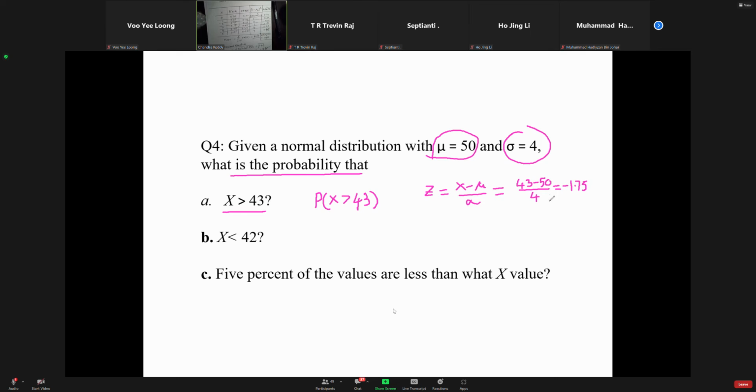So the negative sign is important. That means the probability of X greater than 43 implies the probability of Z greater than minus 1.75.